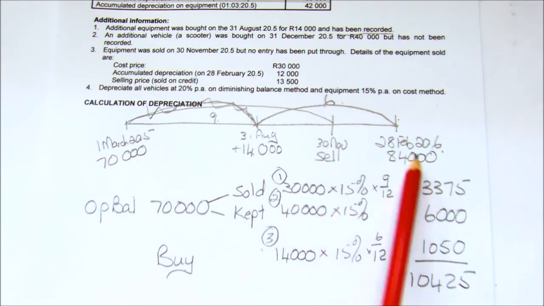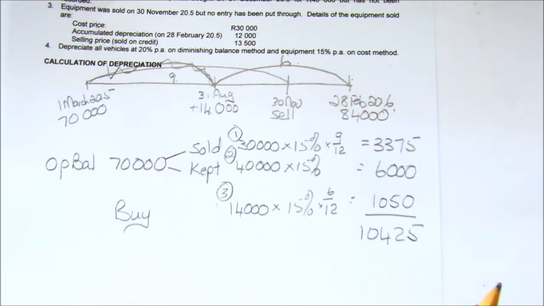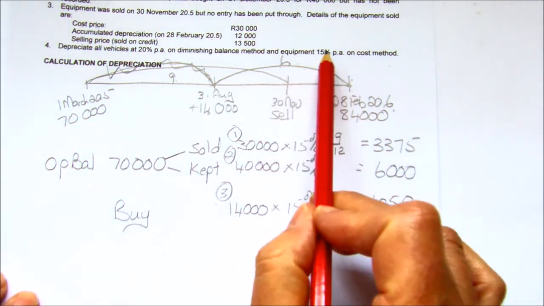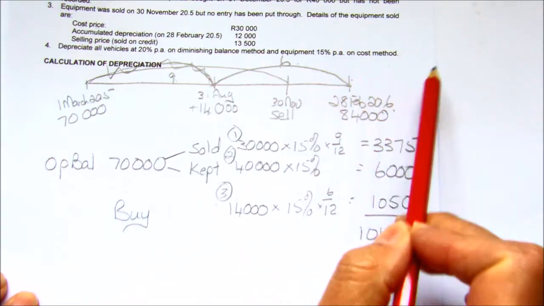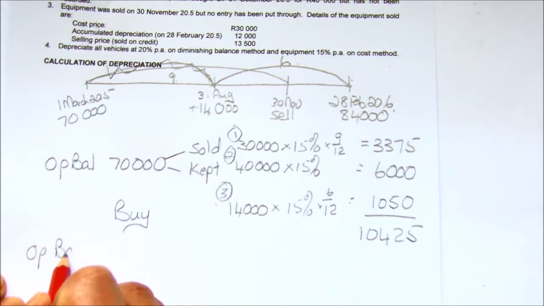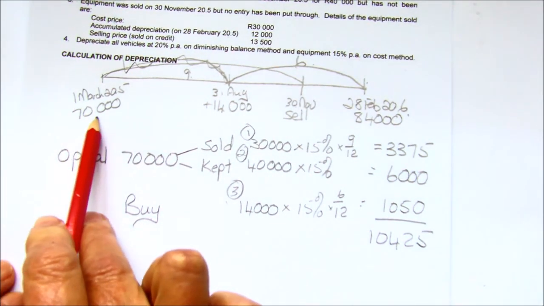Right, now, this one was worked out on cost, and that makes it relatively simple. Or should I say it's simpler than the diminishing balance. If this had been on the diminishing balance method, then you would have still looked at the opening balance, which is still 70,000. Remember, we got that over there.